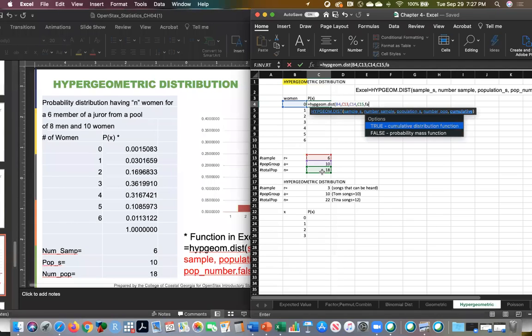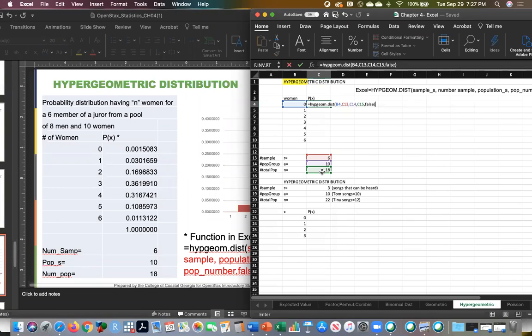And then I'm going to say false. Remember, false gives you the exact probability for this particular number. So the probability that there are going to be 0 women, we can calculate it. That's the reason I am using false. So there is a 0.1% chance that no woman is going to be in my group.